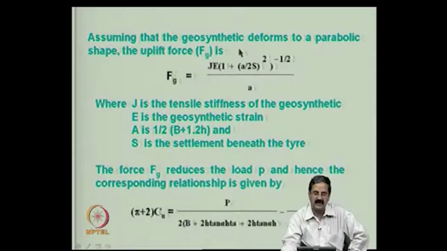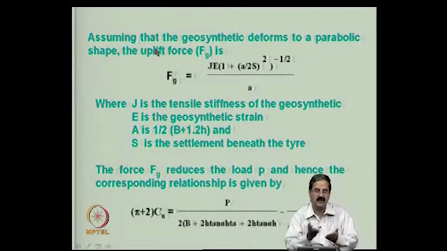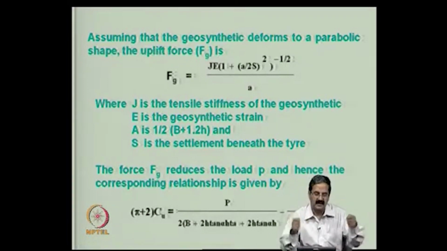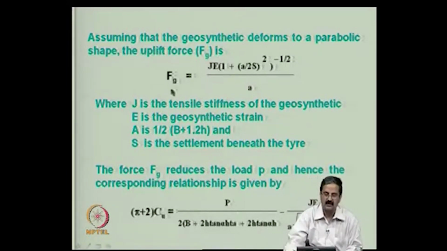Assuming that the geosynthetic deforms to a parabolic shape, like we have an assumption. See, the load that is there because of the membrane effect is what I am trying to put here, that is given by Fg.